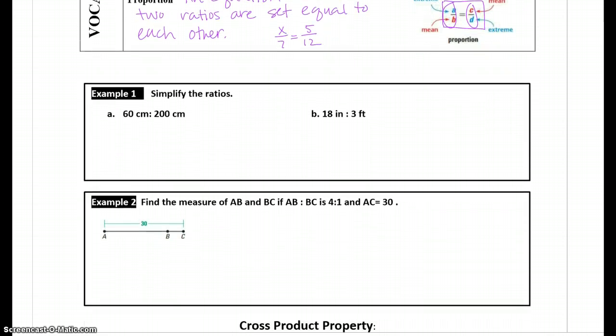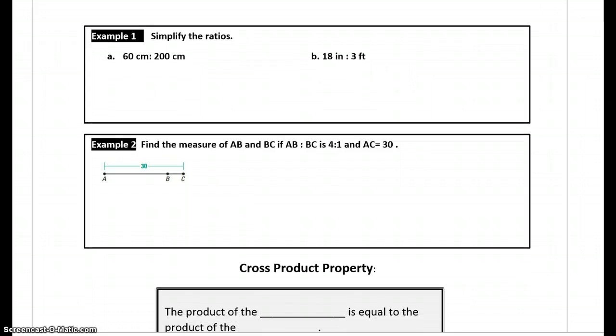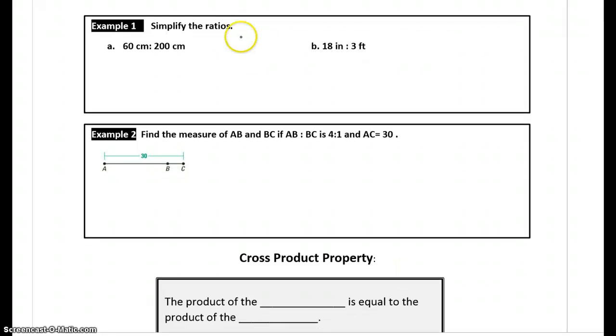Okay, so let's go ahead and simplify some ratios. It's basically like simplifying fractions. You want to find something that goes into both numbers evenly. But the key here is that you have to compare like units. So, in example A, we can reduce, we can simplify these, because they have the same units.